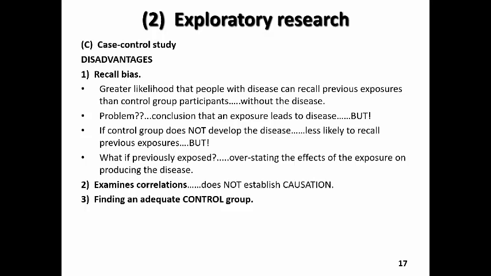The third big disadvantage is to find an adequate control group. The researchers should first identify those individuals in the case group, and then start to seek individuals in the control group, and this is often a challenge, because the control group should have similar, not the same, it's very difficult to get exactly the same, but very similar characteristics, histories, especially those histories related to the variables in the study, and similar environments or exposures.